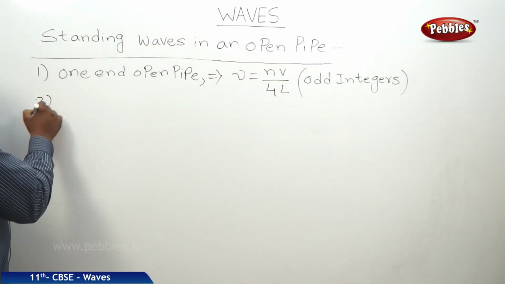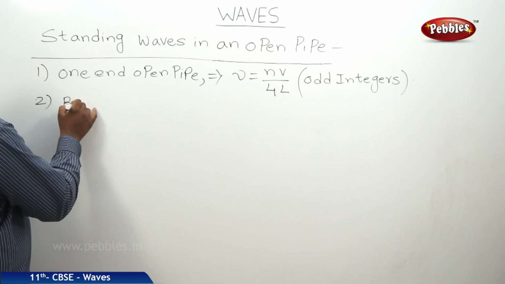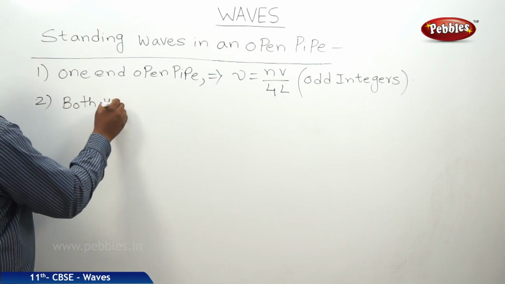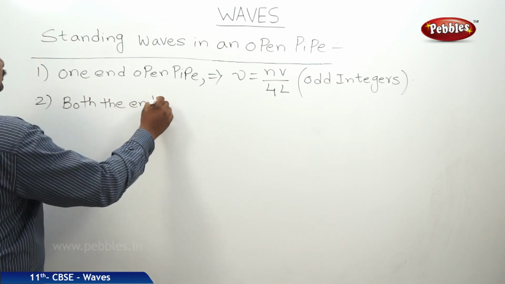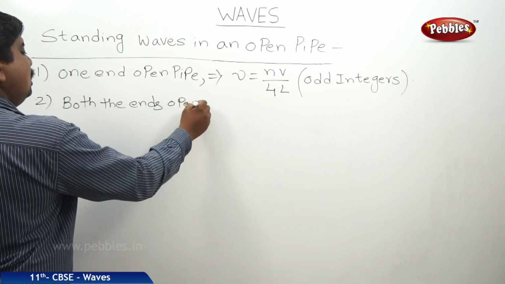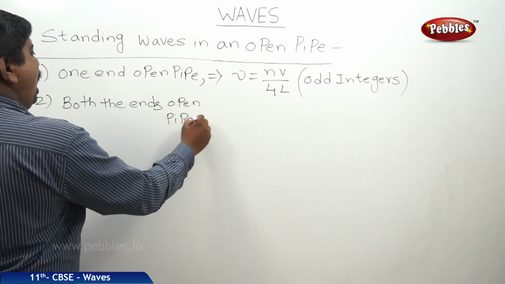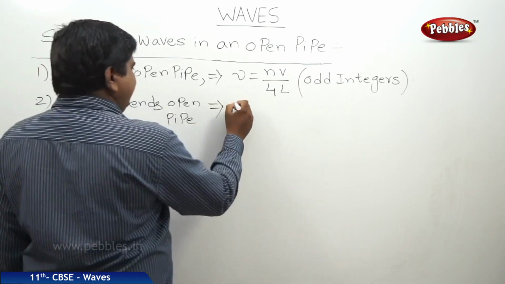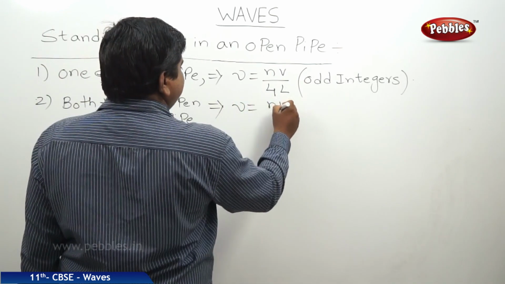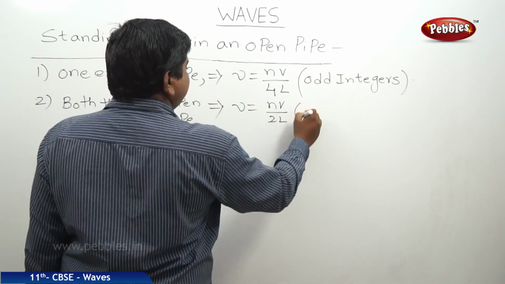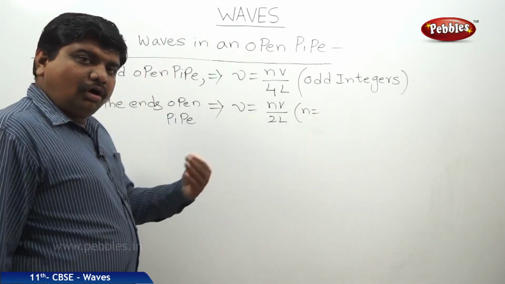But in the case of a both ends open pipe, nu is equal to NV by 2L, where N is equal to all integers.